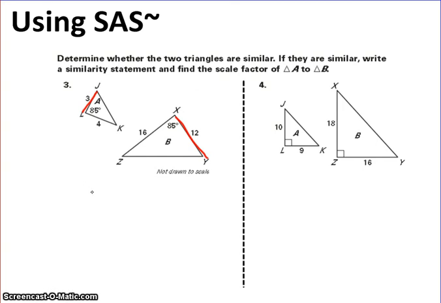So that's probably my scale factor. I can confirm that because 4 times 4 is 16. So my sides are proportional. Alright, and then do I have the angle in between them, and are they the same? And they are. So this would be what we call the side angle side similarity postulate. These two triangles are similar by SAS similarity.